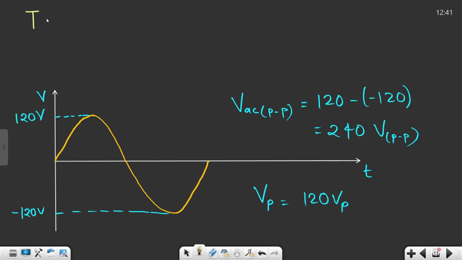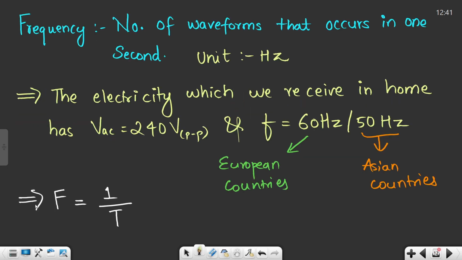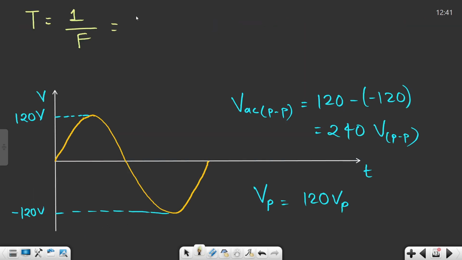Time is equivalent to 1 by f; you just need to take the reciprocal, or shift these two parameters, so it's one and the same. So with 60 hertz, that will be 0.016 seconds.